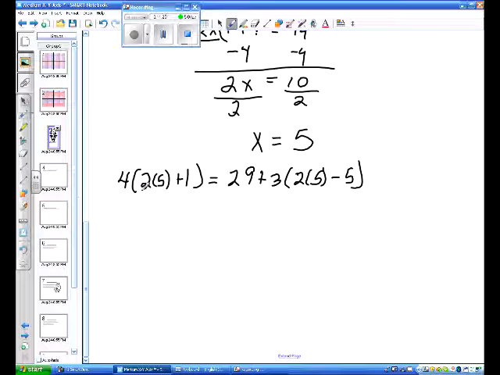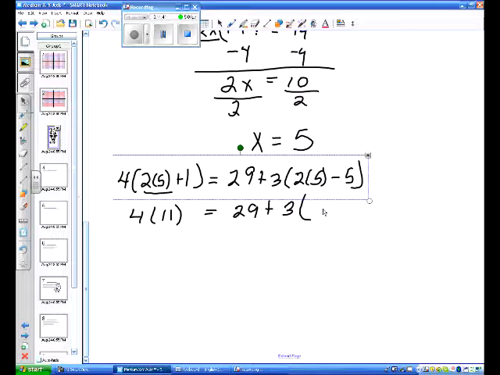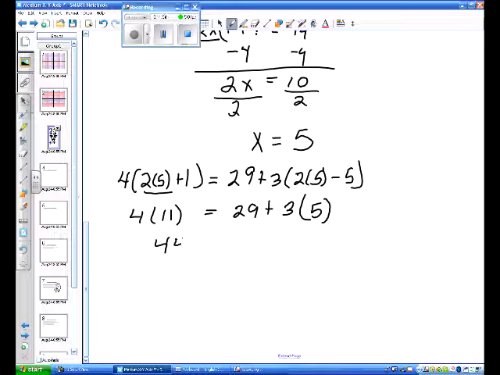And if we work this out, doing what's in our parentheses first, we're going to have 10 plus 1, which is 11, is equal to 29 plus 3 times 10 minus 5, which would be 5. So we have 44 is equal to 29 plus 15, or 44 equals 44.